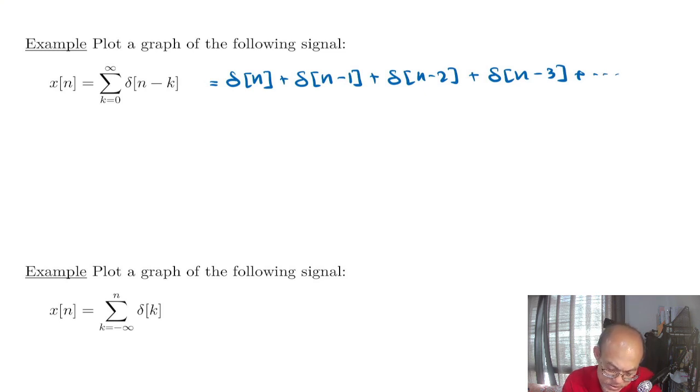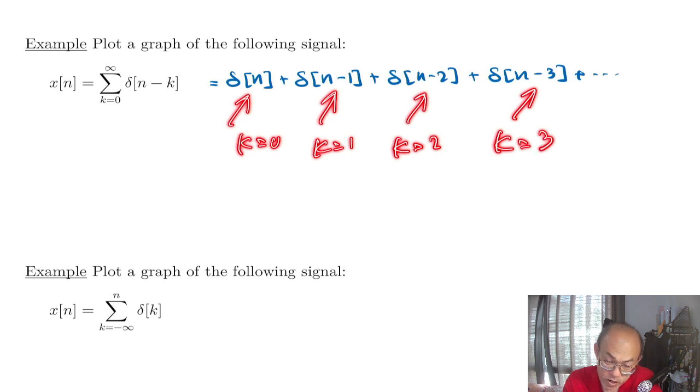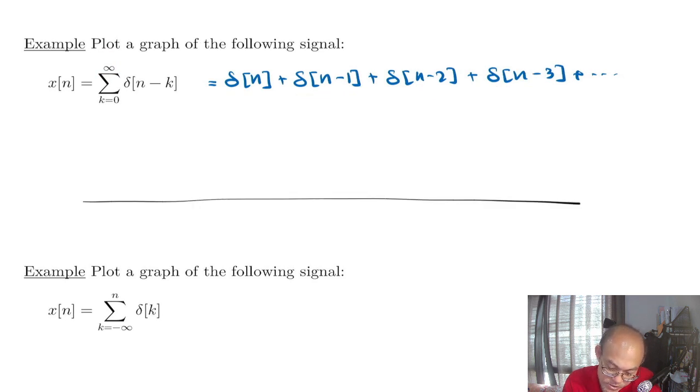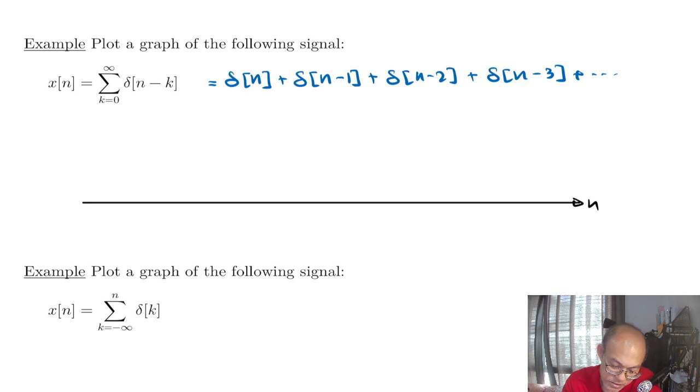See, this one is k equal to 0. This one is k equal to 1. This one is k equal to 2. This one is k equal to 3 and so on, because k goes to infinity. So basically we are adding these signals up. Now the first one is just delta n.